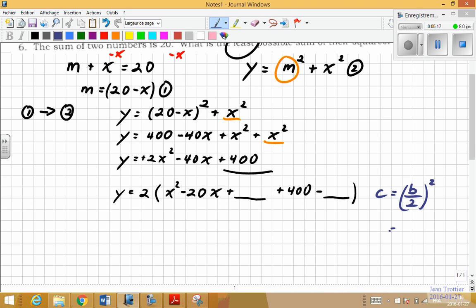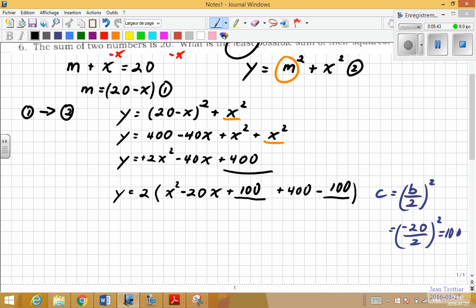So in this case, we have minus 20 divided by 2, squared. Now minus 20 divided by 2, that's minus 10. Minus 10 to the power of 2 will be exactly 100. So here we do plus 100. Here we do minus 100.